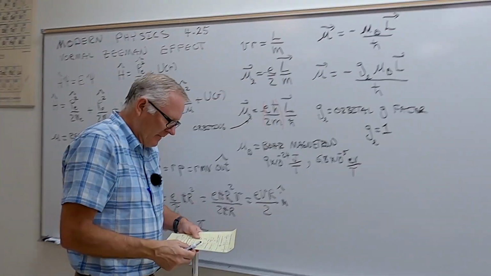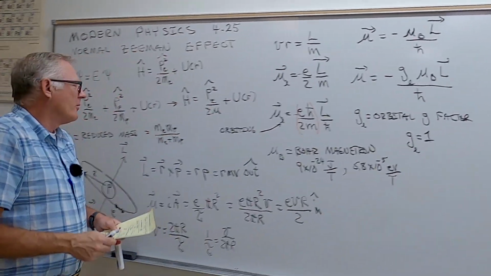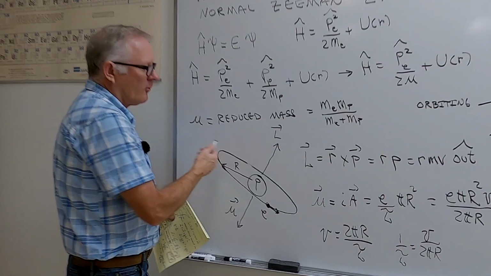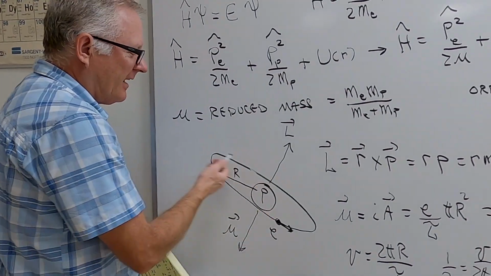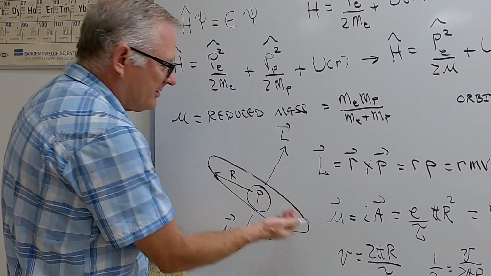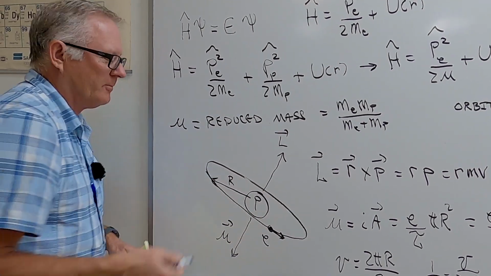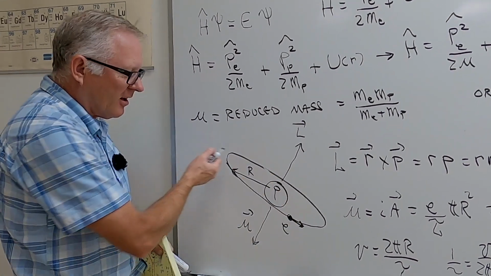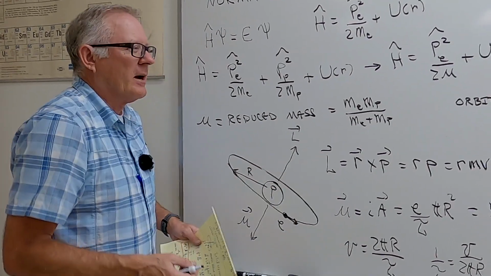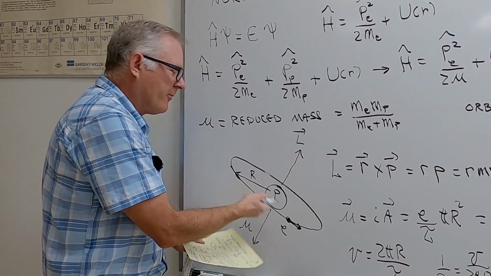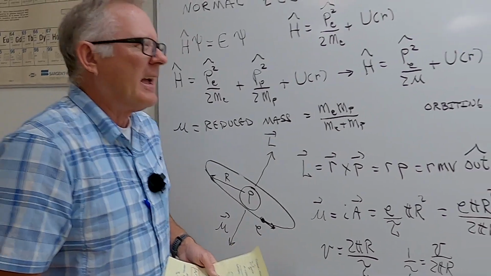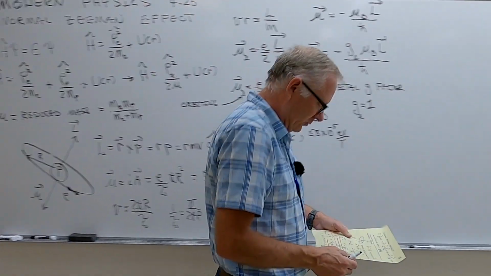What is it? We'll see a little bit later, but it's kind of a measure of how the charge is distributed versus how the mass is distributed when you're going in a circle. Here it's just a point charge all out at the edge going around. If this were a different shape, it might be a different factor in front, which we'll see.